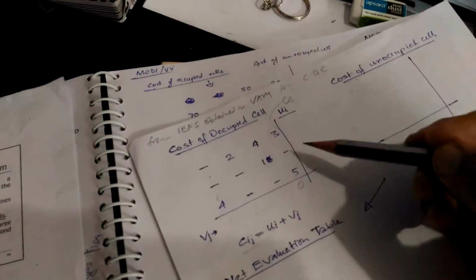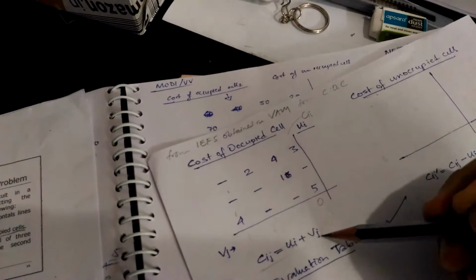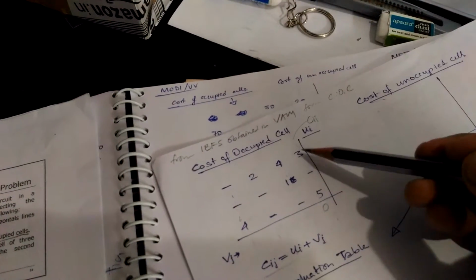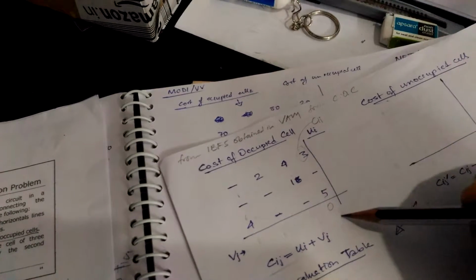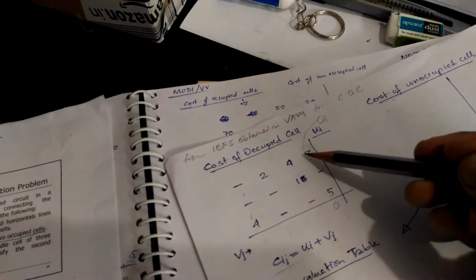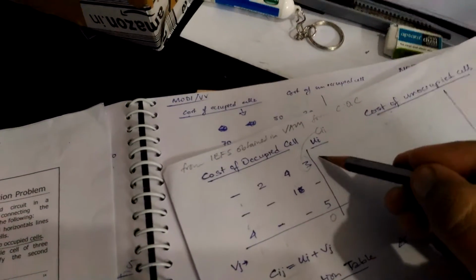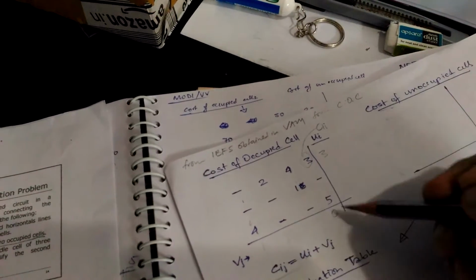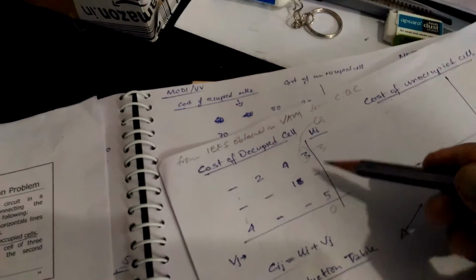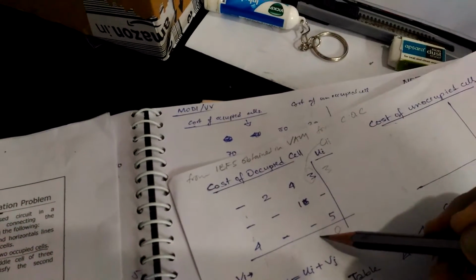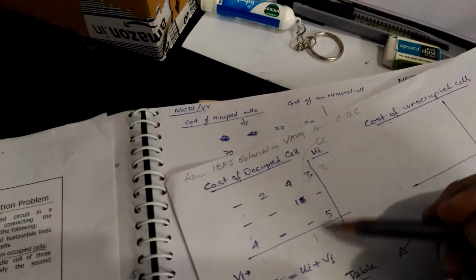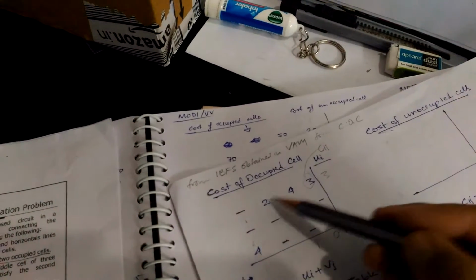So now we have to make ui plus vj equals cij. This is our cij. So ui plus vj equals cij to make. So 0 plus 3 equals 3. Now move on to next one. Here it is 3. Here will be something plus 3 equals 4. So 1 plus 3 equals 4. Now move on to this.